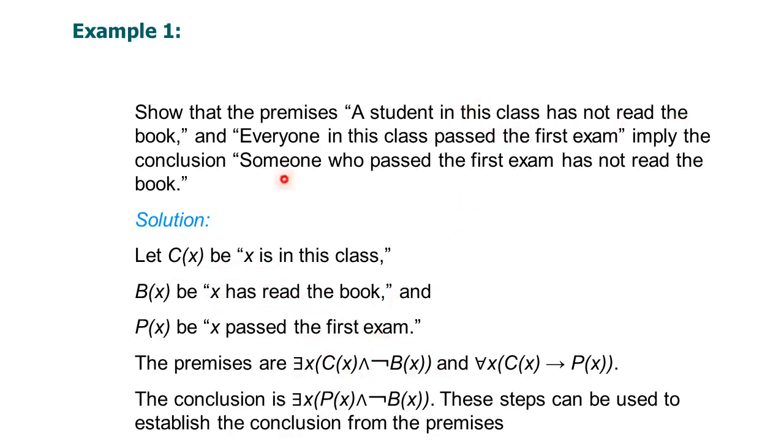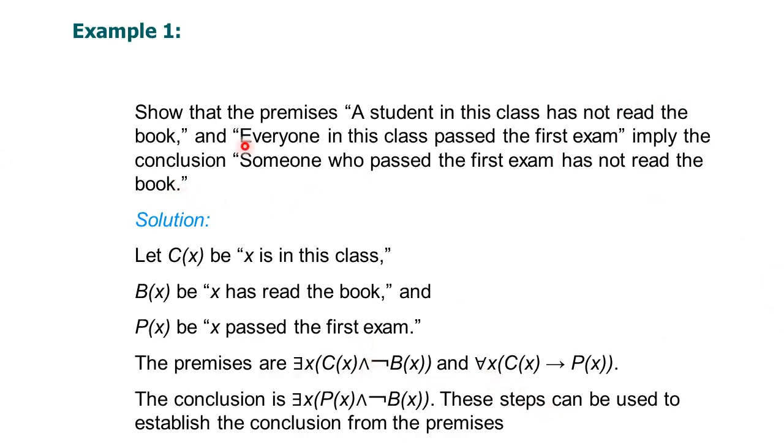So not read the book means the not operator, not B(x), and both statements should be true simultaneously. Hence the AND operator is used. This is the first premise.